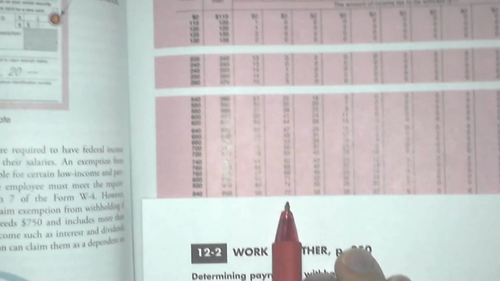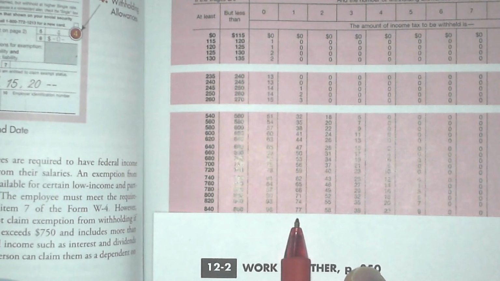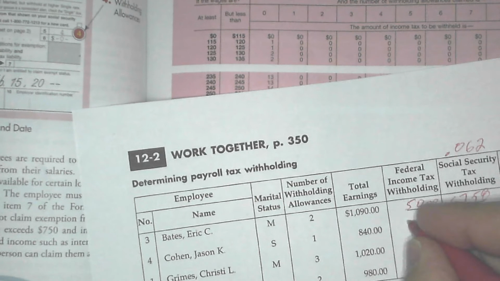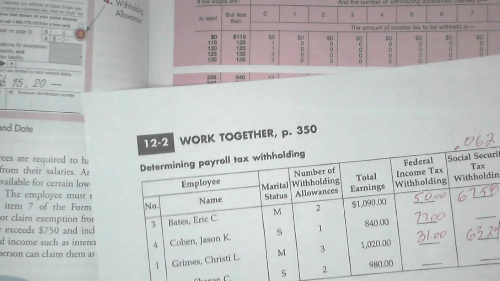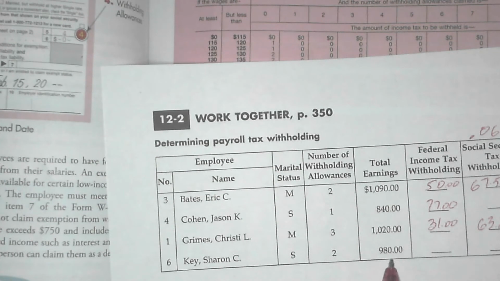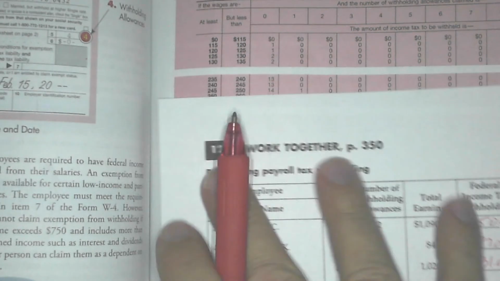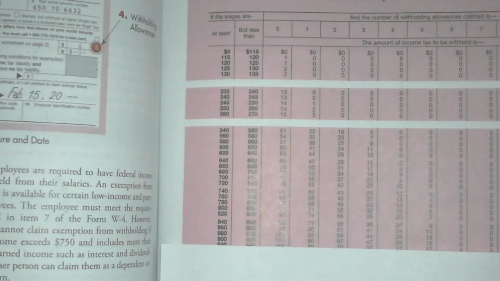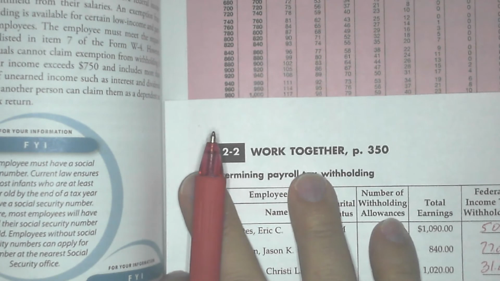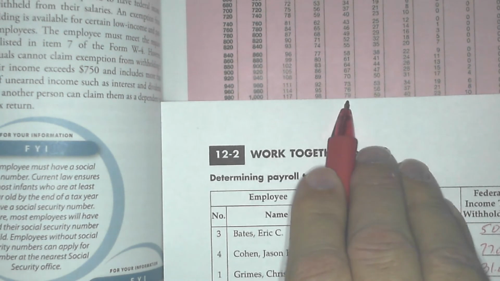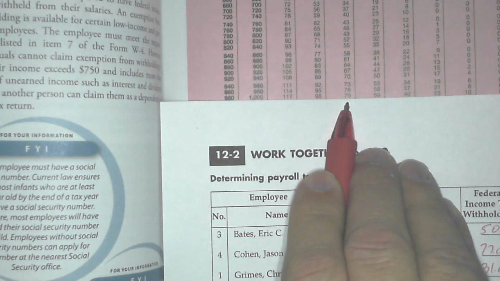So our column for the one, $77. Then Sharon has $980 and two dependents. So we'll find the 980 on here. So here's 980. Two dependents, $79.